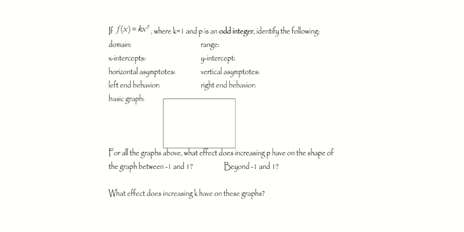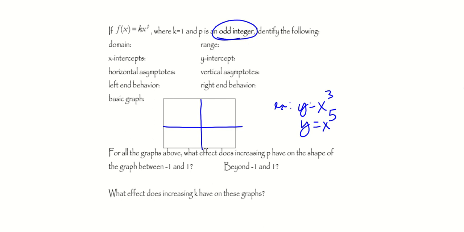All right, let's go on and look at what's going on when we have an odd integer. So if our power is odd, so for example, right, if we had y equals x to the third, y equals x to the fifth, or so on, right, you probably saw when you graphed that your graphs all looked like this, had this S-shaped curve.